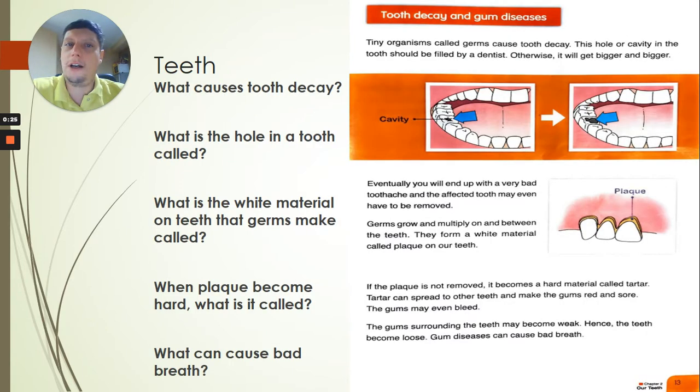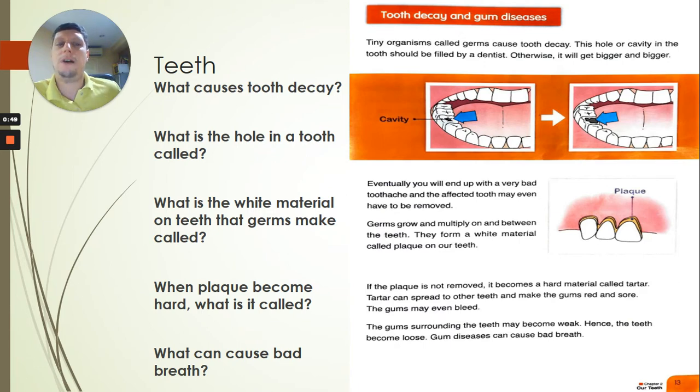Last week's homework was all about the different types of teeth and what they are used for. This week we are going to move on to tooth decay and gum disease. You might remember us talking about this in IP1 last year, but we are going to go into more detail today.